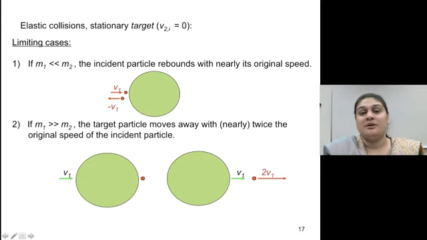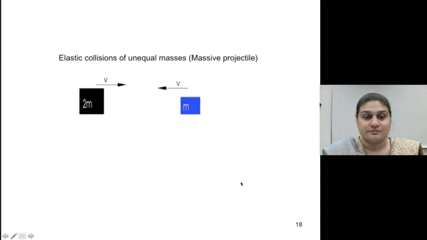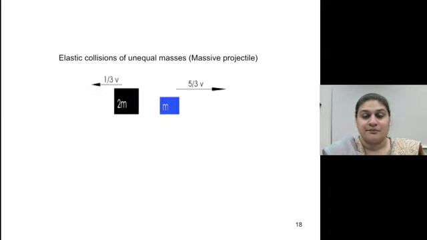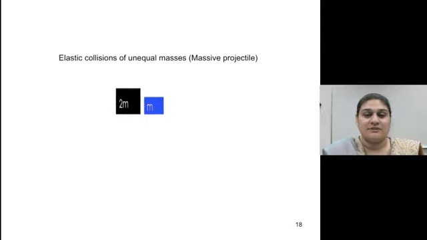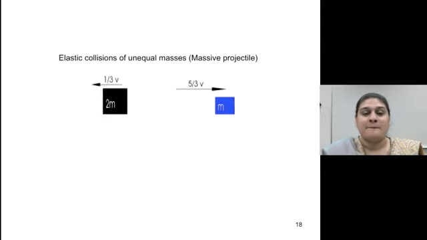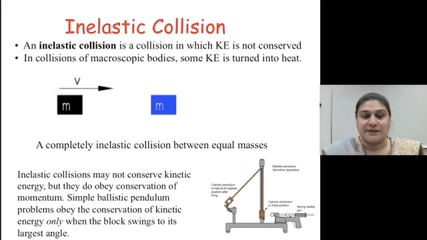The little mass will go away with almost twice the velocity, and there will not be much change in the initial velocity, as seen here. Right, so 2m comes in with velocity v, m goes away, and 2m recoils back.